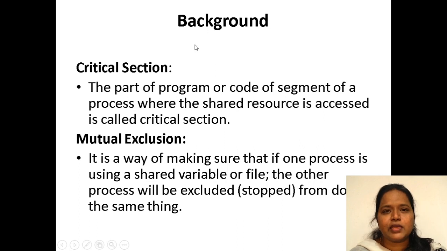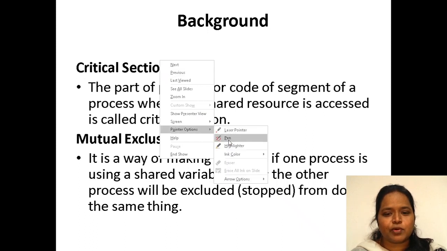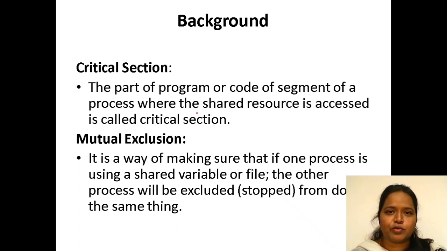First of all, before discussing a semaphore, in the last classes we have seen the critical section problem, right? So what do you mean by a critical section problem? In the critical section problem, only one process should be allowed into that critical section. Why do we go for the critical section? In order not to have a race condition between the processes.